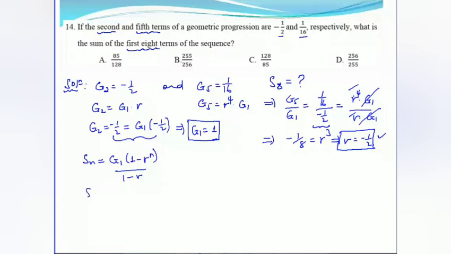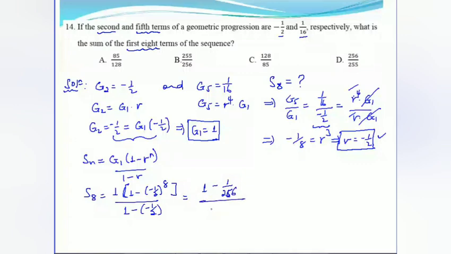So the sum of the first 8 terms is equal to g1, which is 1, into 1 minus r to the power of 8, over 1 minus minus 1 over 2. This is the same as 1 minus 1 over 256 over 1 plus 1 over 2.